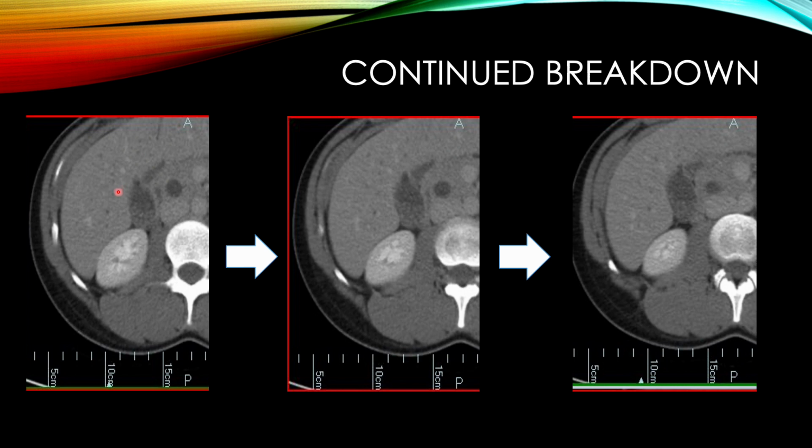As you can see, with the deeper the slices go, you don't see as much white here. You move to the next slice, you see a little more white, and then you see more white in this one.